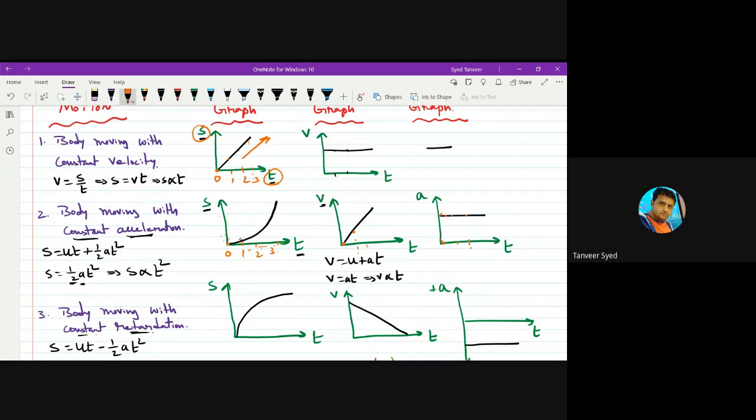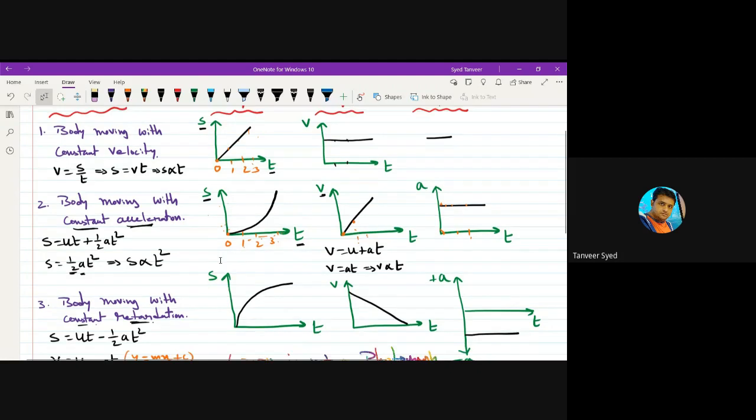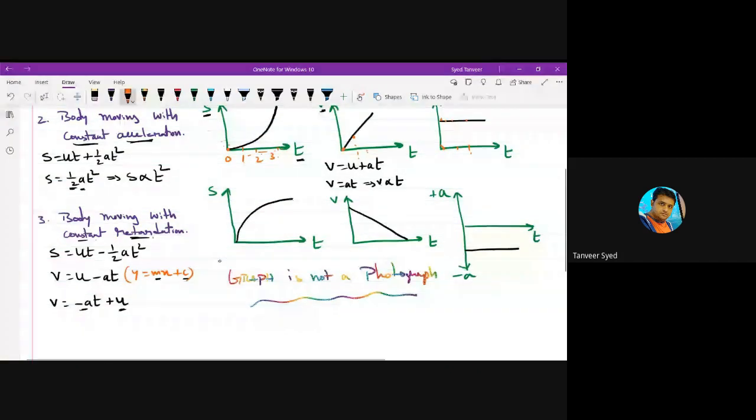So, variation of displacement with time is faster here than compared to here. And this is retarded motion, displacement. What is happening to displacement with time?